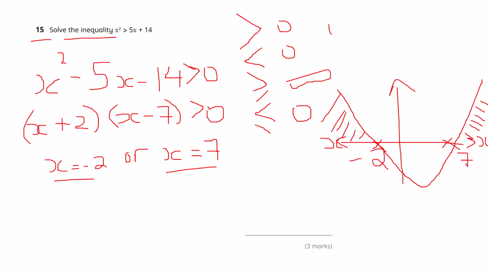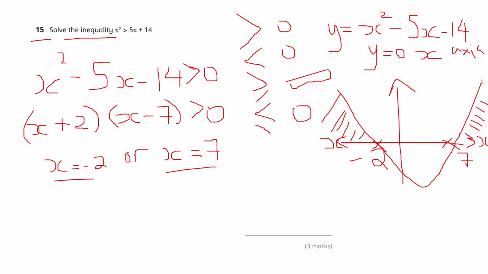Think of it as y equals x squared minus 5x minus 14. When y equals 0, that's the x-axis. So when y equals 0, that is literally the line, the x-axis. And conversely, when x is 0, that's the y-axis.